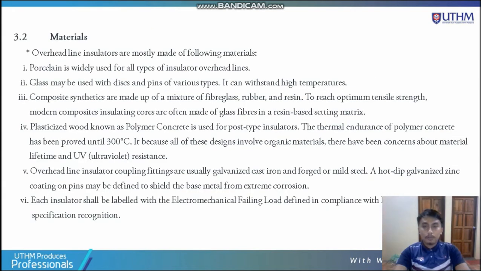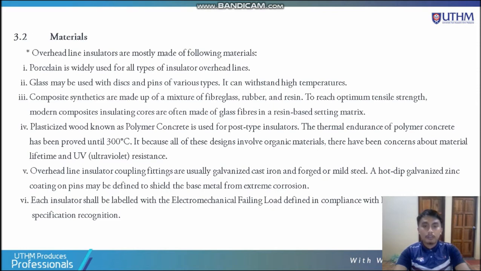Next, we go to 3.2 about the material. Overhead line insulators are mostly made of the following material. First is porcelain, widely used for all type of insulator overhead line. And second is glass, may be used with the disc and pin of various type.